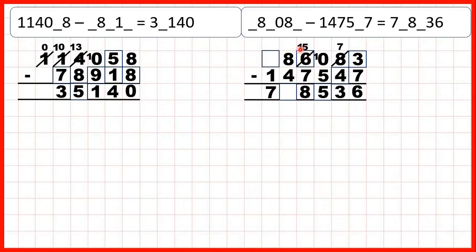And to get the 1 in 15, they must have exchanged with this 8 in the 10,000s, so that would have become a 7. So now 7 minus 4 is 3, and then we just have something minus 1 and 7 as our answer, so this digit here must have been an 8.